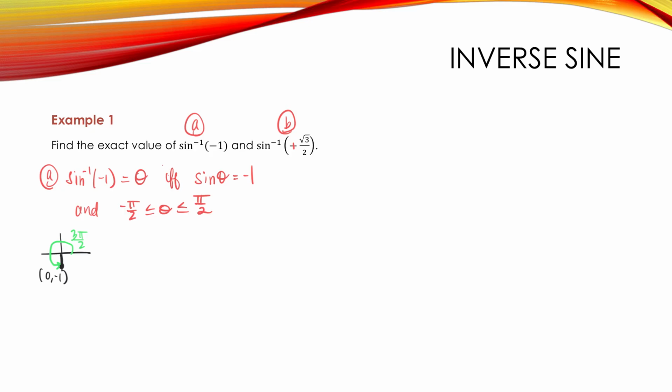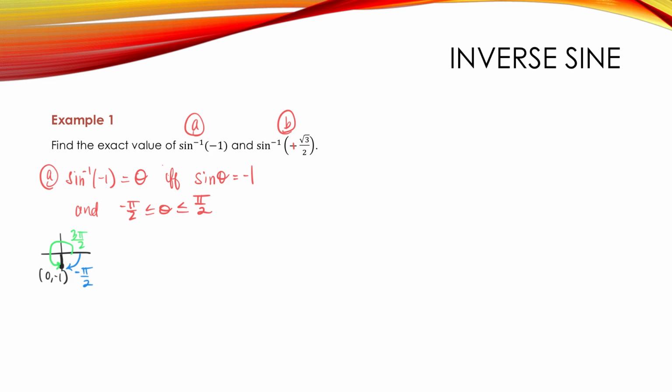However, 3 pi over 2 is not between negative pi over 2 and positive pi over 2. So instead of using the positive angle, we're going to use the negative coterminal angle, which would be negative pi over 2.